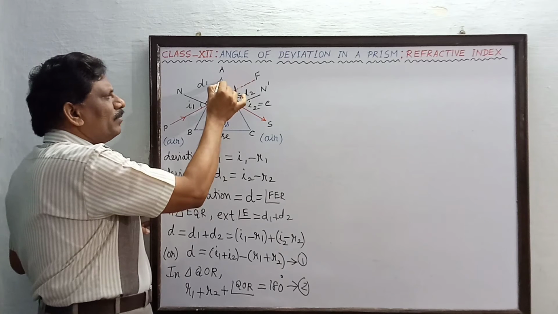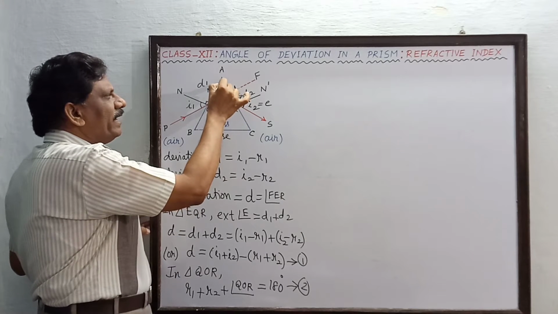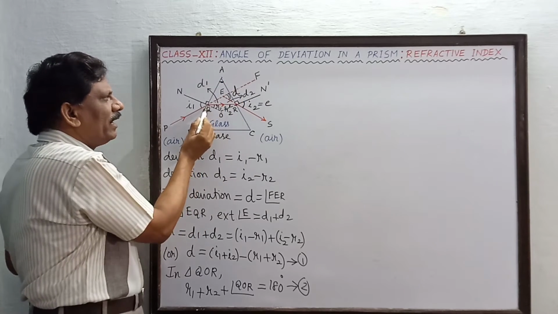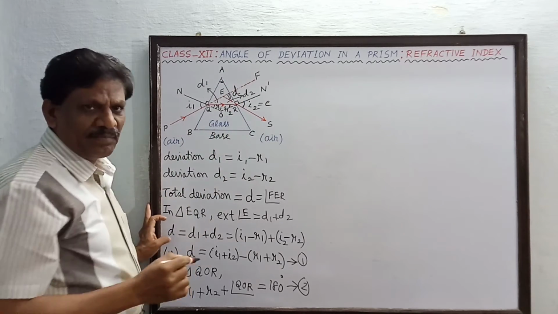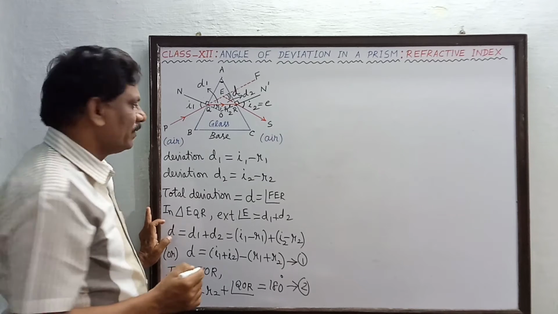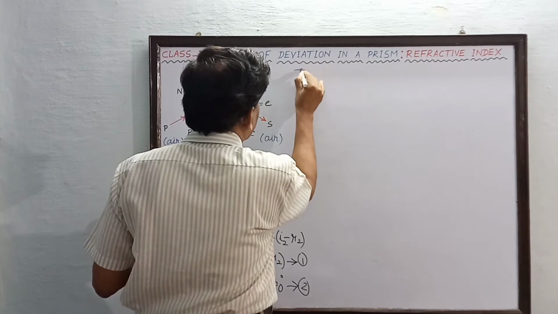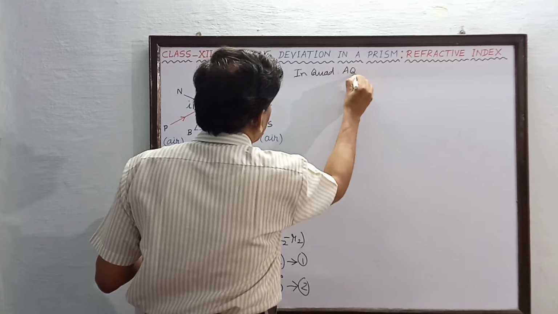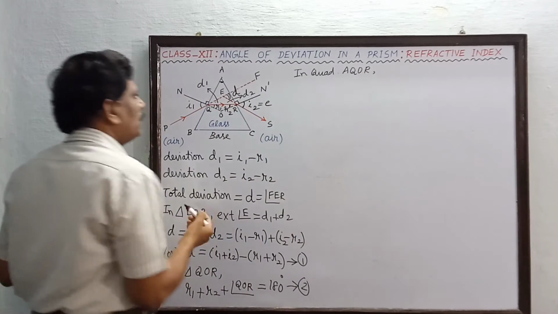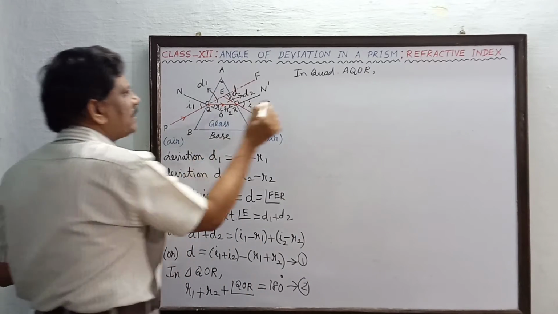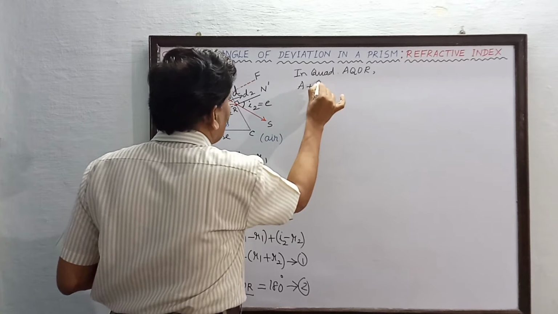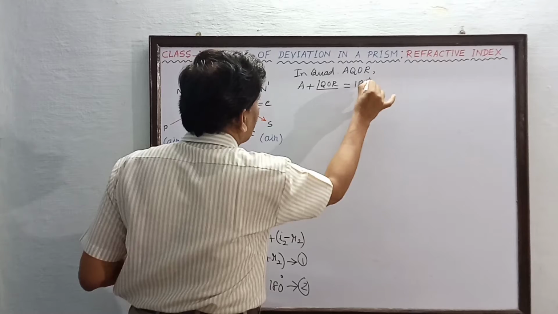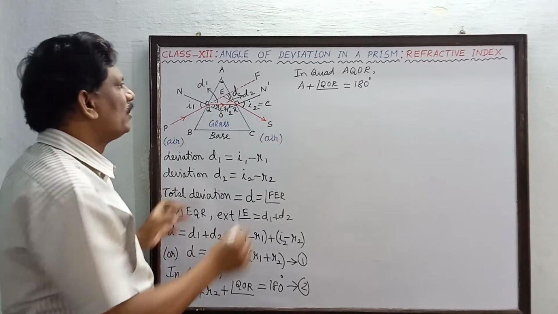So the remaining two angles, angle A and angle QOR, must have a sum of how much? 180 degrees. So in quadrilateral AQOR, the sum of these two opposite angles, A plus angle QOR, must also be equal to 180 degrees. Why?